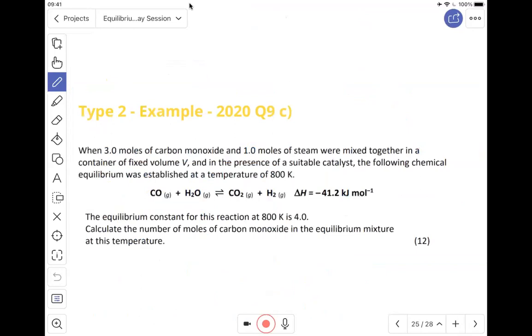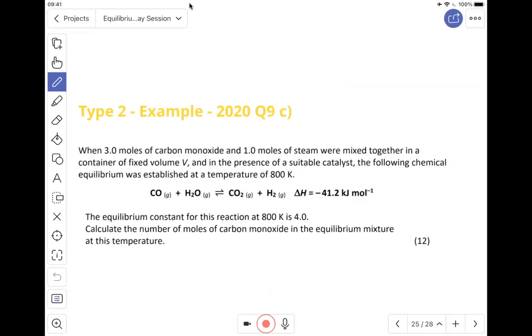This is worth 12 marks. So not as many marks as the equilibrium calculation in 2020, but still a substantial amount, still 4%. That 4% would be a big difference between a H1 and a H2. So again, it's important to be able to do this calculation.